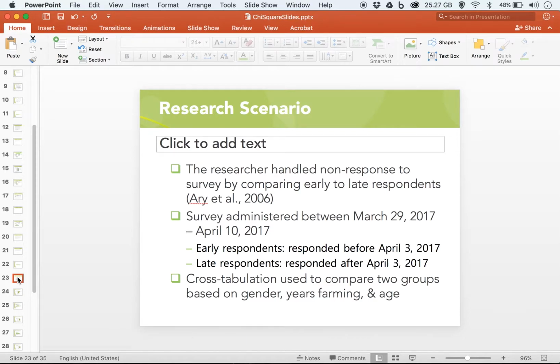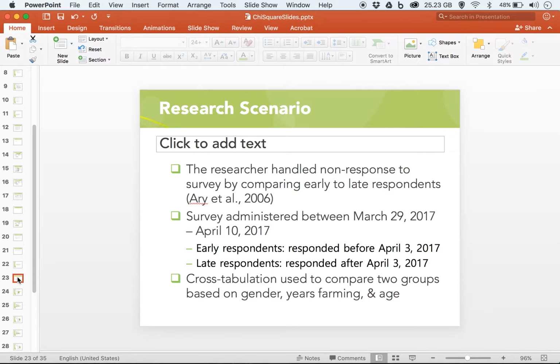So here's our situation. I have a graduate student who has successfully defended a master's thesis about the role that farmers played in farm-to-school programming. And this student handled non-response by comparing early to late respondents. The survey was administered between March 29th and April 10th, and the early respondents were categorized as any participant who answered between March 29th and April 3rd.